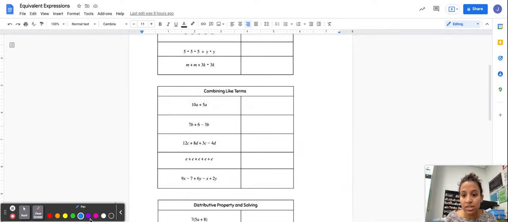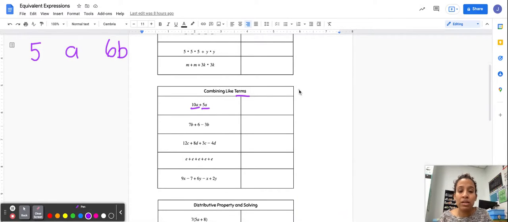Our next section is on combining like terms. We talked about terms. Terms are either numbers, variables, or a number with a variable being added or subtracted in an expression. So in this problem here, 10a is a term and 5a is a term.